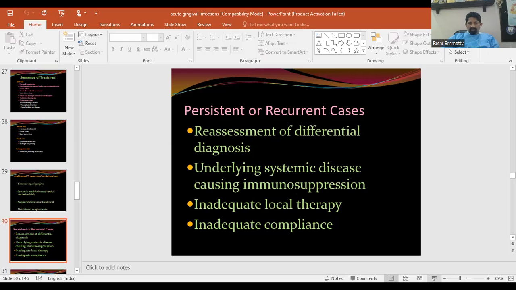Sometimes when you do scaling and root planing and the patient is having bleeding, you will be doing it in a very slow or difficult manner. So inadequate local therapy, where you have not removed calculus or plaque, means recurrence chances are there. Also, inadequate compliance by the patient, where the patient is not willing for the treatment.